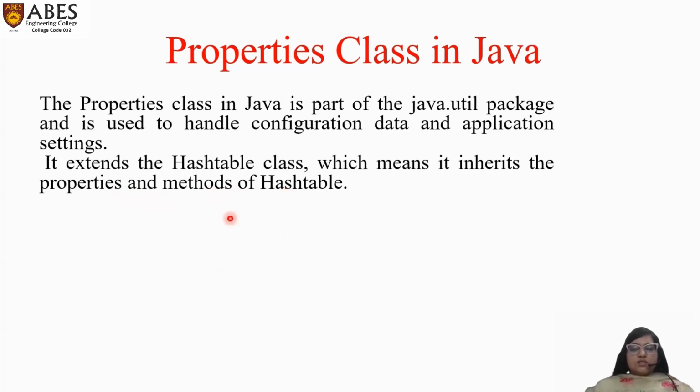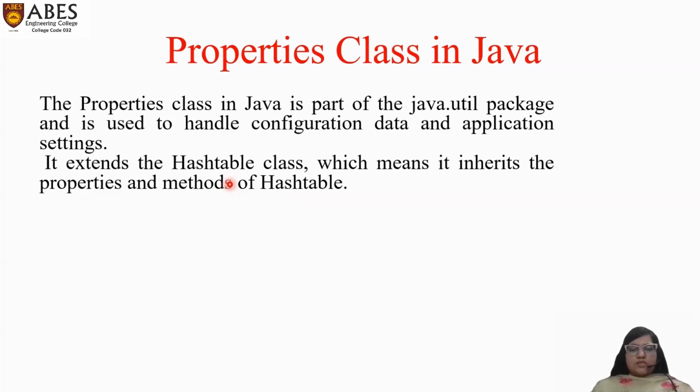We can say that the Properties class in Java is a subclass of Hashtable, and it is primarily used to maintain a list of values in which the key is a string and the value is also a string.